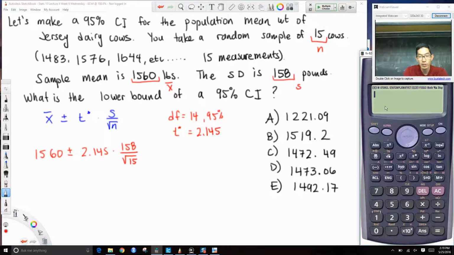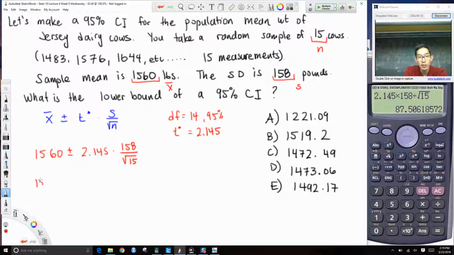I type that in, and I get 87.51 pretty much.